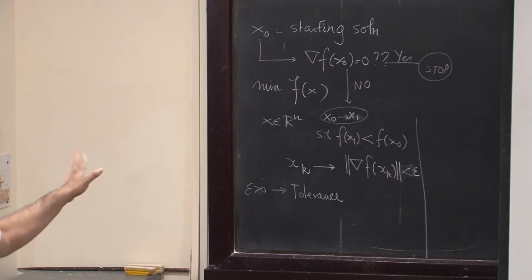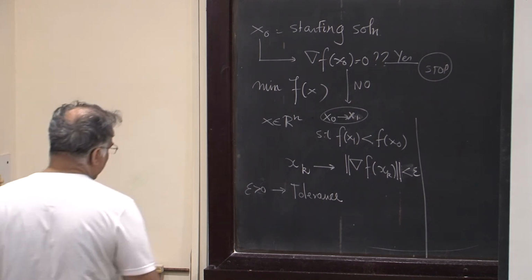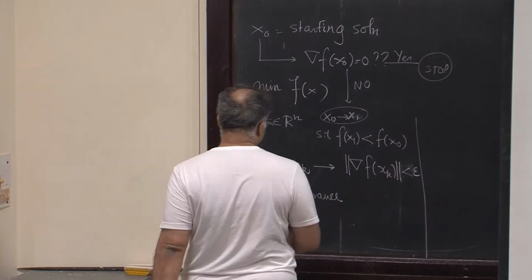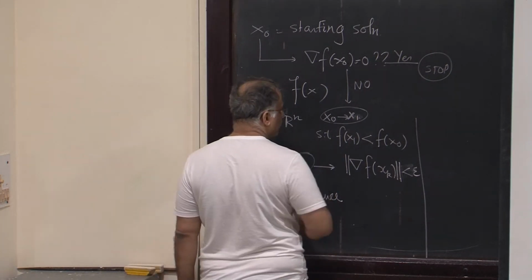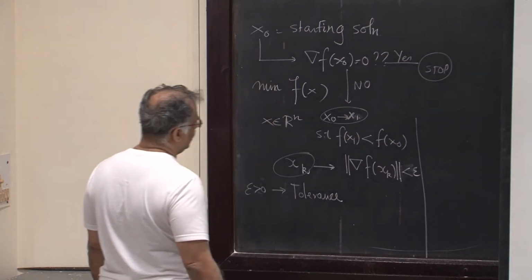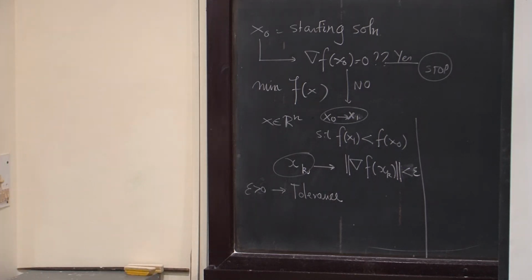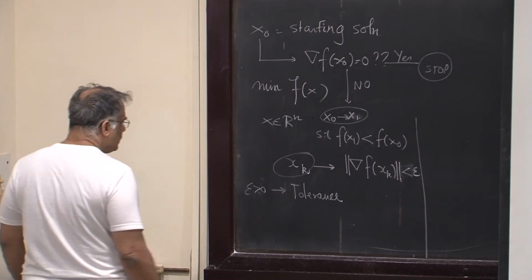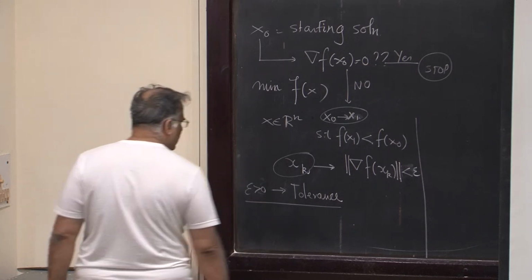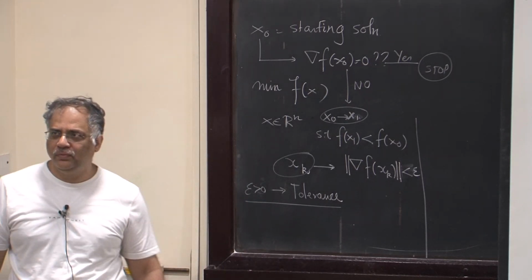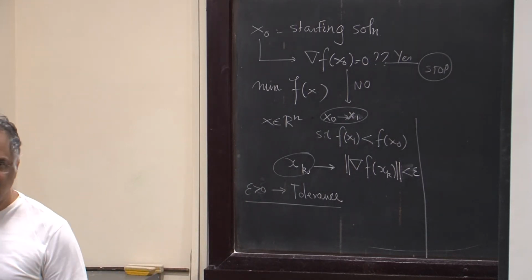If it is just less than that, that will do for me. I need not bother about it being exactly 0. So the solution you get is some kind of approximation. That is why there is a lot of analysis of approximate solutions in optimization research. How you choose a tolerance is the issue of the people who are implementing.